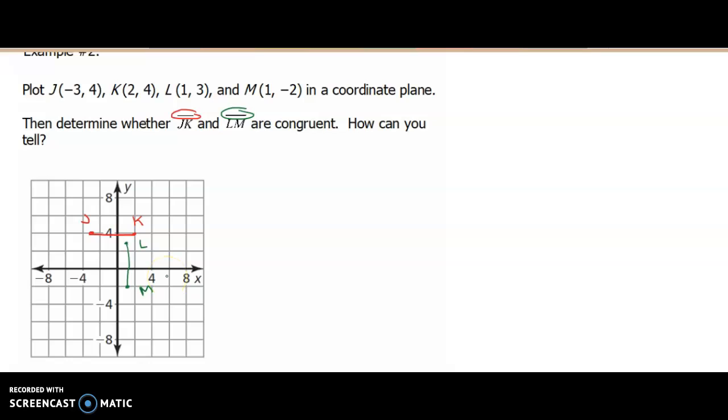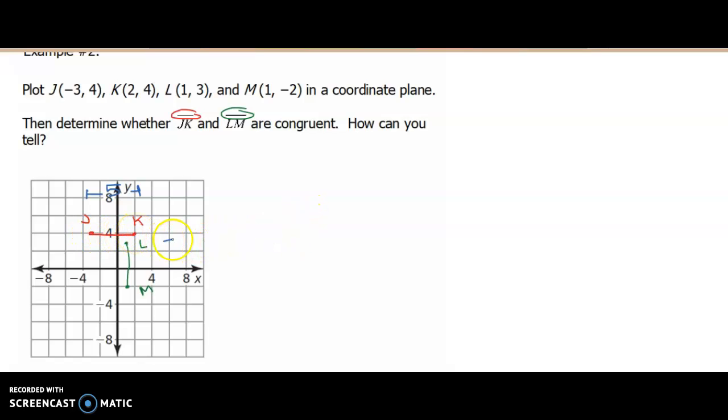Well, we need to know what congruent means to know if they are congruent. So if we go back, that means they have the same measure. So we need to see if they have the same measure. The good thing about this is these are just straight up and down and straight side to side, so we can just count. From J to K, this is 5 long, right? We start here at -3 and we go to 2. That's 5.